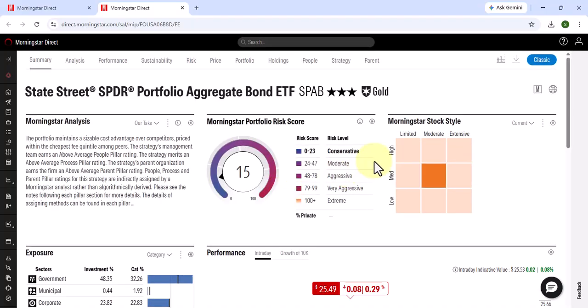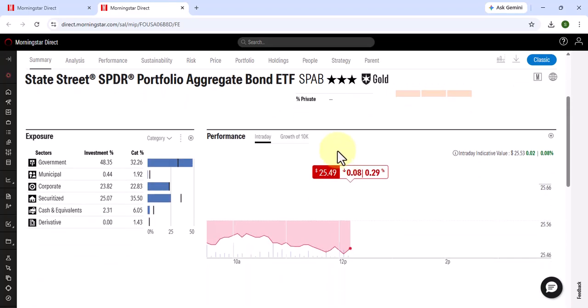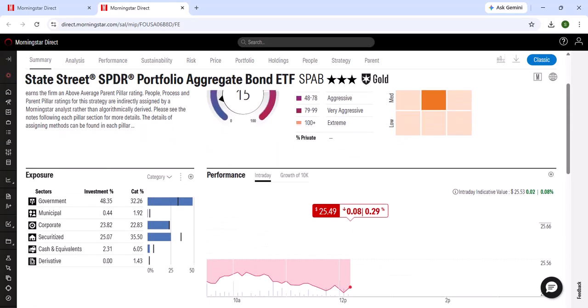So I did not include this as one of my variables, but the medalist rating is usually a pretty good thing to look at. So this is a gold medalist rating. It has a Morningstar portfolio risk score of 15, so it's conservative, and that's kind of what I'm going for. I said I wish one of them gave me a 1, because that would have been a very clear outcome.